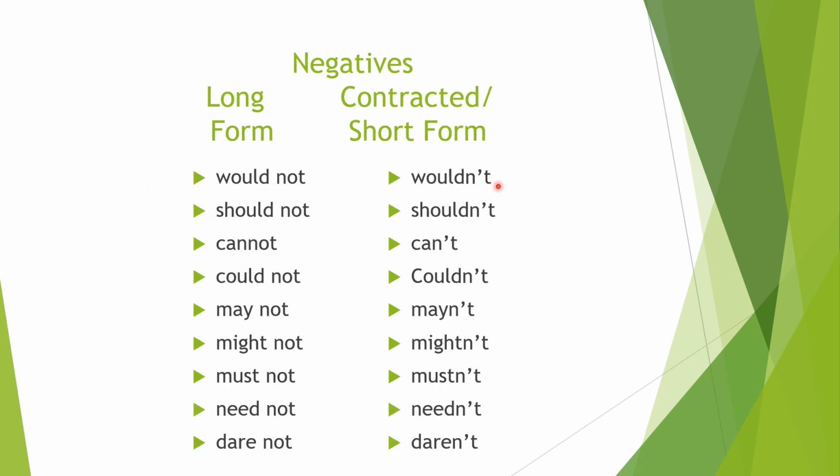Would not, wouldn't. Should not, shouldn't. Cannot, can't. In 'cannot' there is a double N and O, but in can't you write a single N and apostrophe T. Could not, couldn't. May not, mayn't.